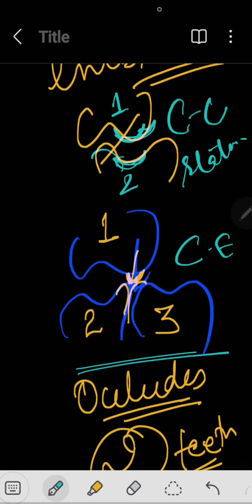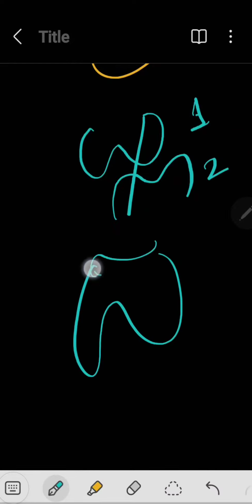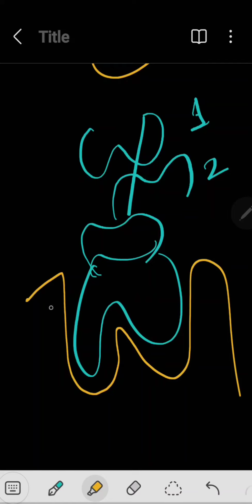I hope it's clear. Here I would like to brief one another aspect also. It's not only how the teeth have been articulated with each other in the opposing arch, but also how the teeth have been articulated within themselves or with the adjacent structures.